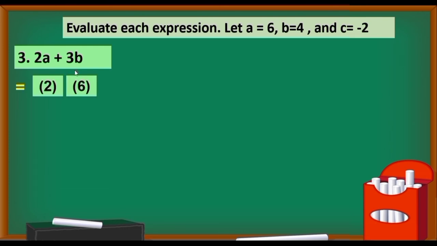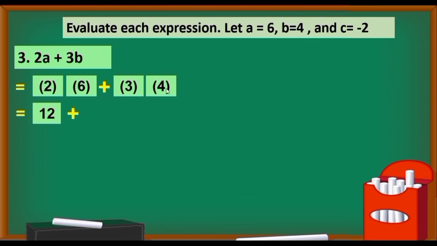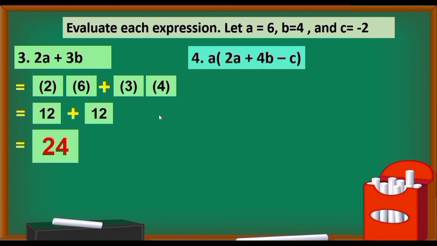So magiging 2 times ang a natin ay 6 plus 3 times ang b natin ay 4. So unahin natin ang multiplication. 2 times 6 is 12, and then plus 3 times 4 is also 12. And now we have to use the addition. So 12 plus 12 is equal to 24.